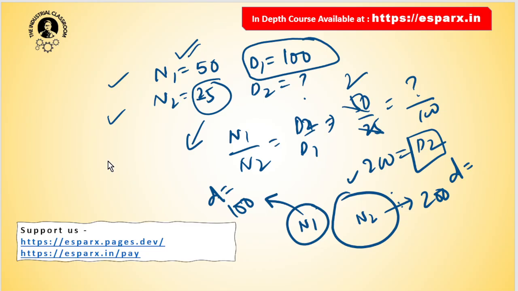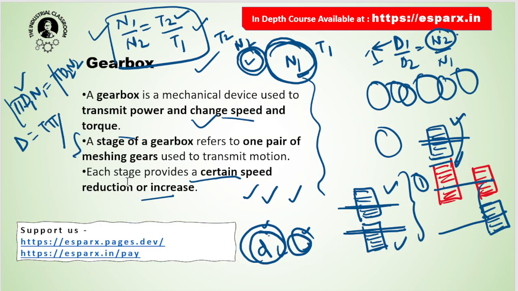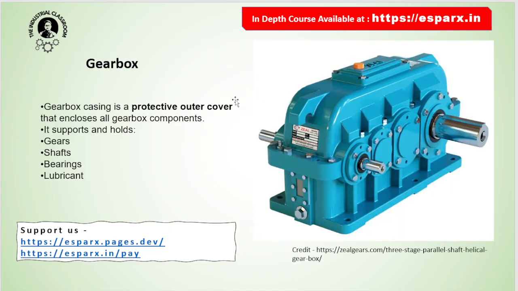So in this case, N1 is moving at a high speed, you can see with 50 RPM, and its number of teeth or dia is less. N2 is moving at a slower speed. Its D2 is equal to 200, that is, its dia is more. From this we can conclude that in each stage the reduction or increase can be done by increasing the dia or the number of teeth.